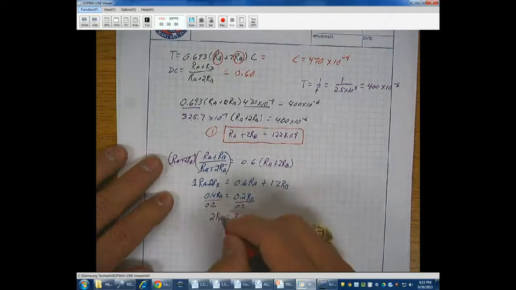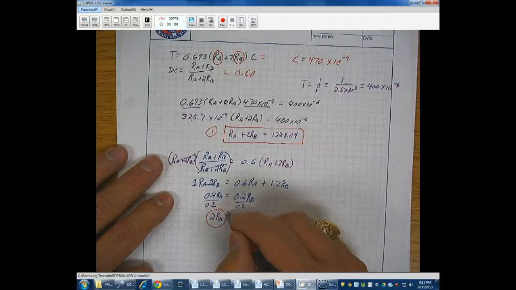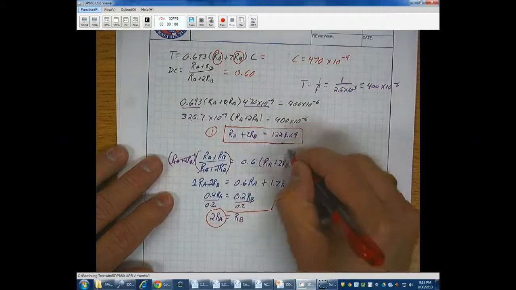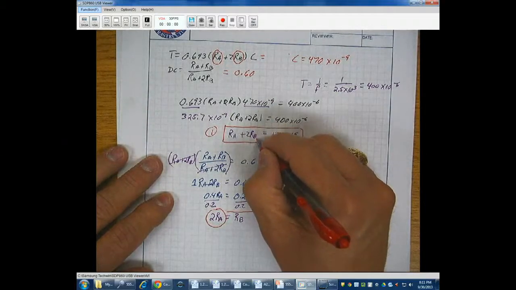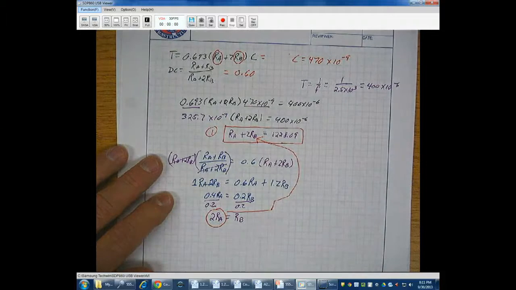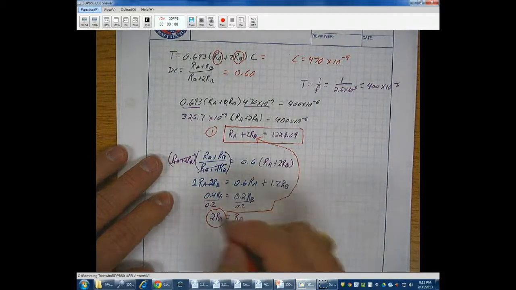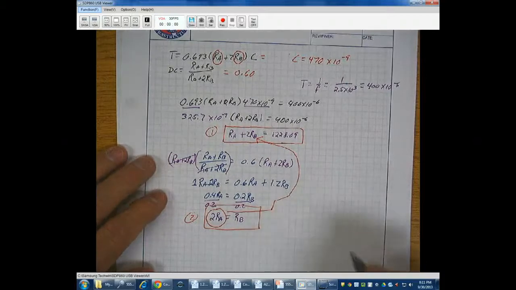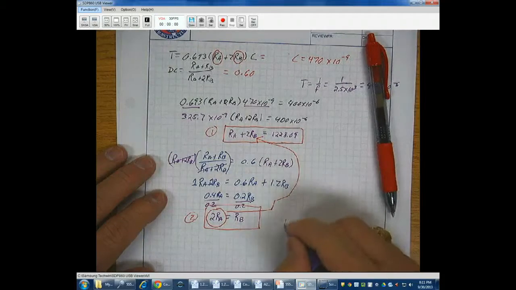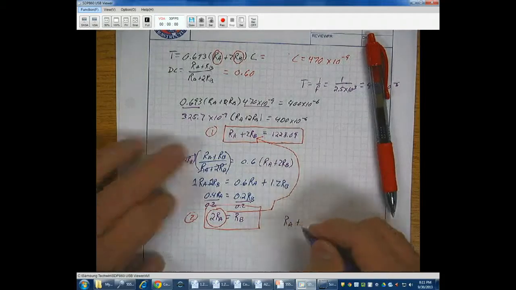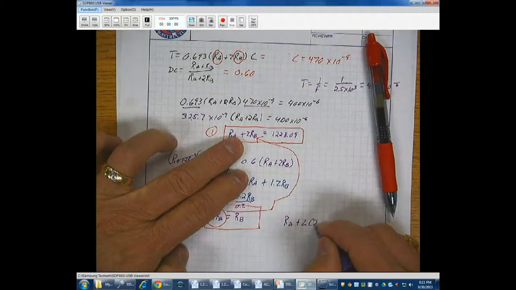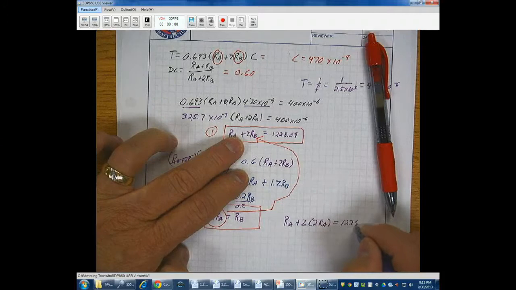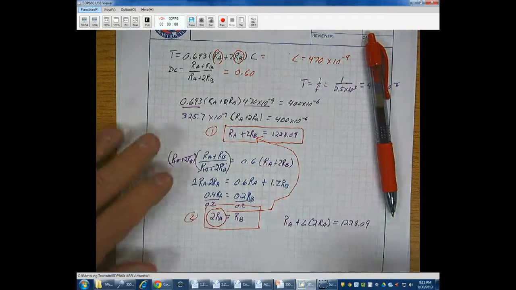Now I can take this 2RA, and I can plug it back into my equation number 1 for RB. This was actually my second equation. And when I do that, I'm going to get RA plus 2 times 2RA equals 1,228.09.